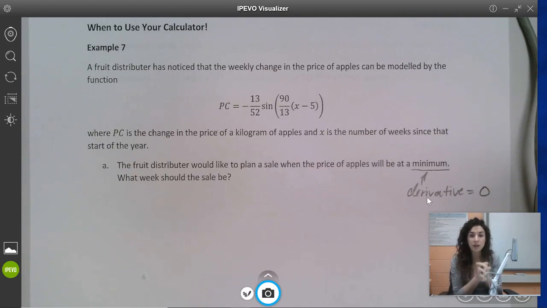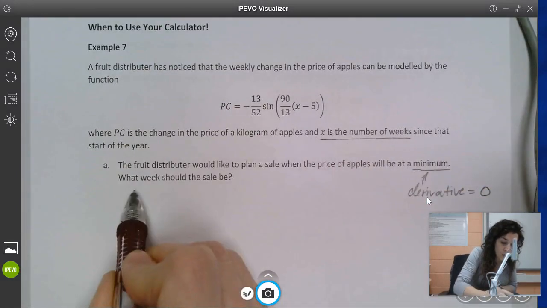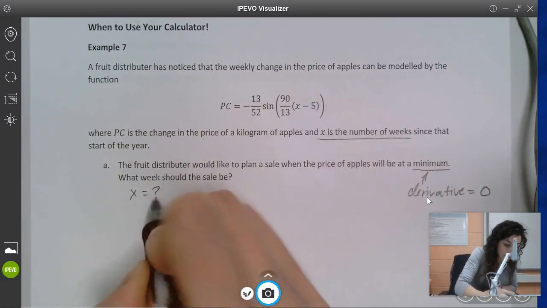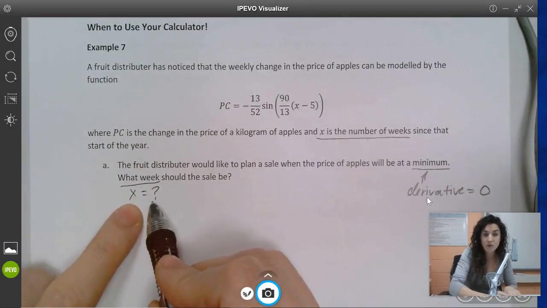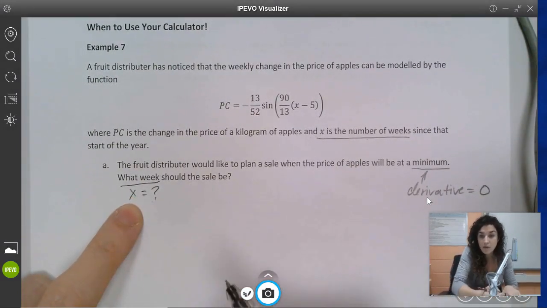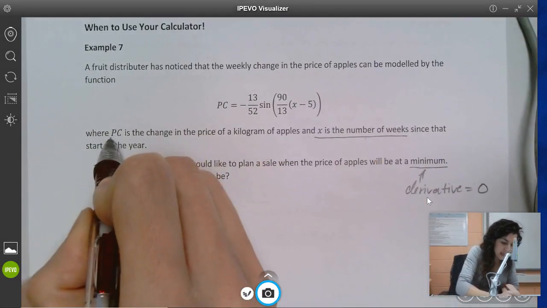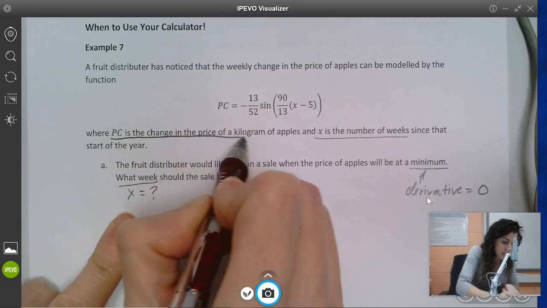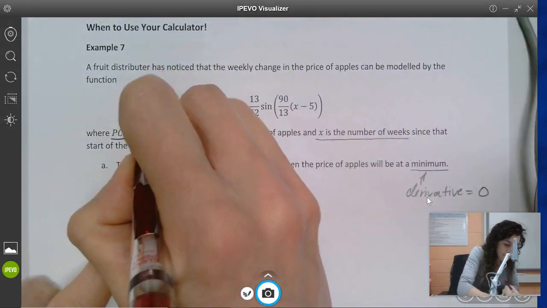Also, take a look at what these variables stand for. X is the number of weeks, so we know what week means X equals question mark, right? What week? X is the unknown here, so we're solving for X. Okay, and then our PC. PC is the change in the price of a kilogram of apples.